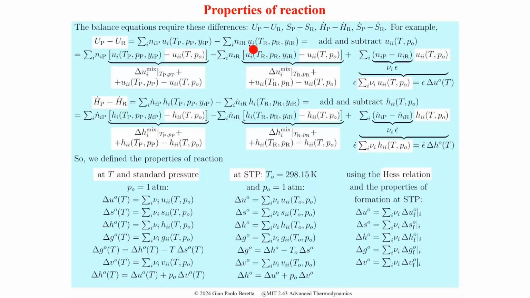Now, let's add and subtract something which will not change, therefore, the result, and which we select to add and subtract for each constituent: the specific property of the pure component of that constituent at some reference, and here let's say at some reference temperature and pressure.